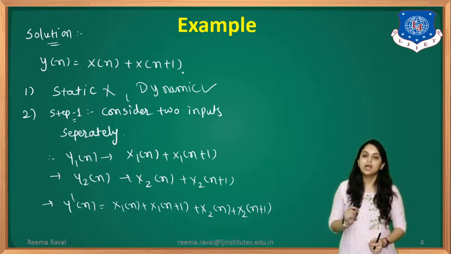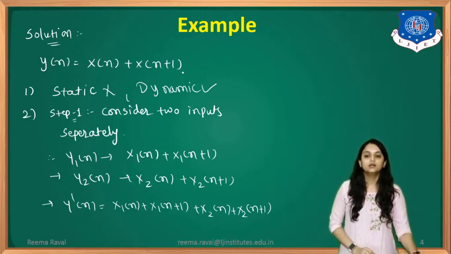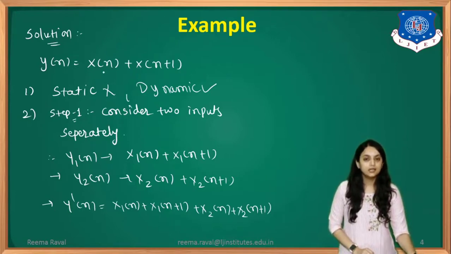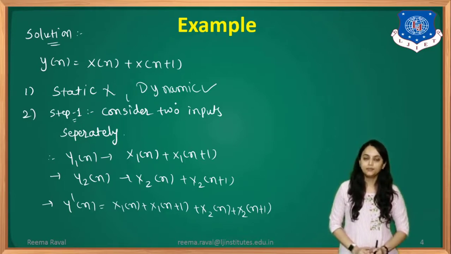Otherwise, if it includes any delay elements or advance elements, that means if it depends on future or past values of the input, it is a dynamic system. Here, the first term is x of n, which indicates that it depends on the present value of input. But the next one is x of n plus 1, that means the future value, which indicates the system is a dynamic system. So this system is not static.